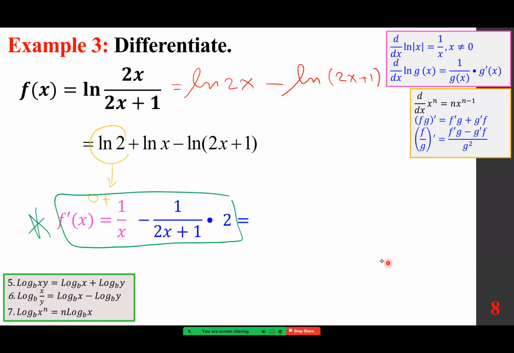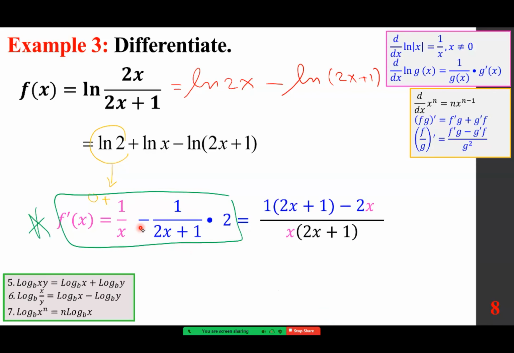You want to combine them, you take the LCD, and the least common denominator is the product of the two denominators, x times 2x plus 1. So this one is 1 times 2x plus 1. This one is minus 2 times x. So again, 1 times 2x plus 1 minus 2 times x. It's, again, very straightforward, everybody. There's really not much to it.